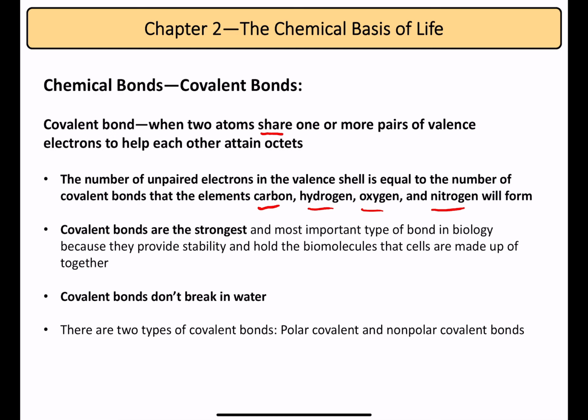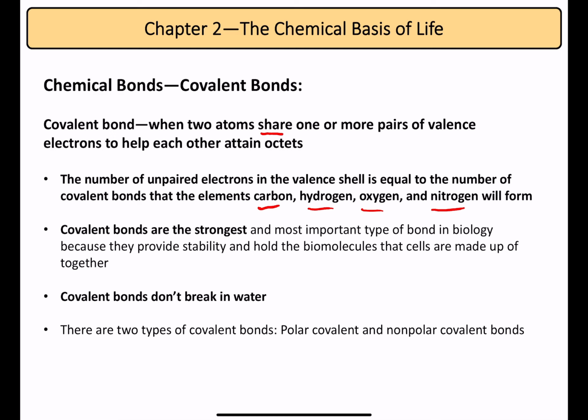So for instance, we looked at carbon, right? We saw carbon had 4 X's, right? 4 unpaired electrons. So we said, hey, carbon forms, or is looking to form, 4 covalent bonds. That same rule of thought applies to all 4 of these elements.